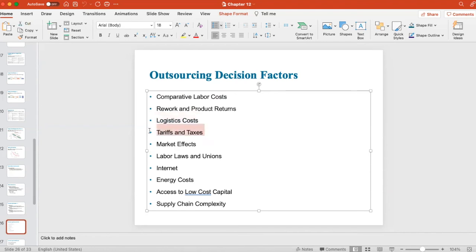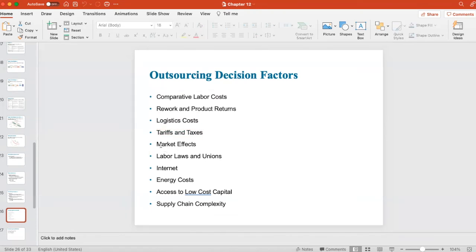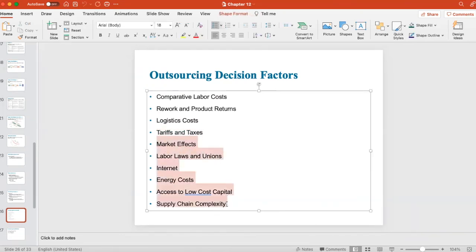Another thing is tariffs and taxes. When the tariffs and taxes between country and country, or region and region, are higher or lower, it definitely will impact the outsourcing process. Besides that, I also listed a few other decision factors that may really affect the outsourcing decision process. If you're interested, we can definitely discuss them.